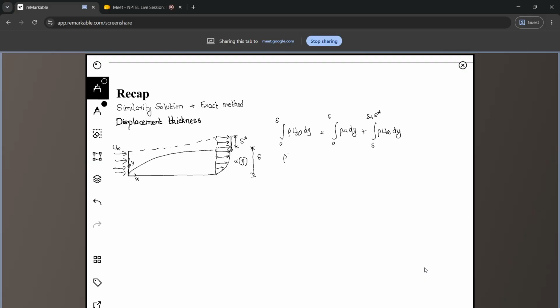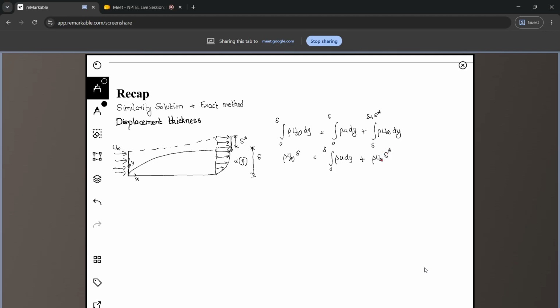So this gives us rho u infinity times delta equals the integral of rho u dy, plus rho u infinity times delta plus delta star minus delta, which is delta star.